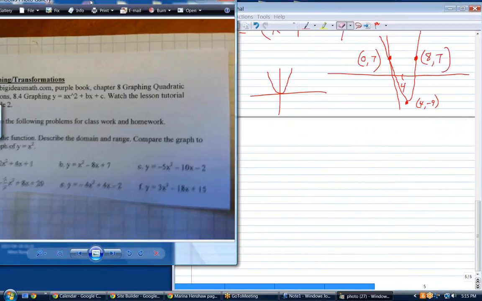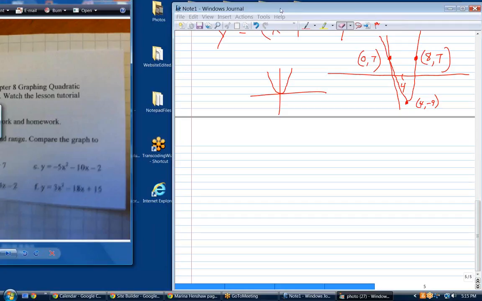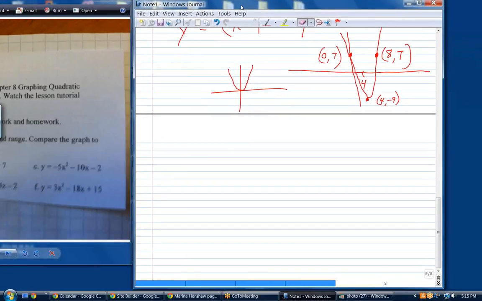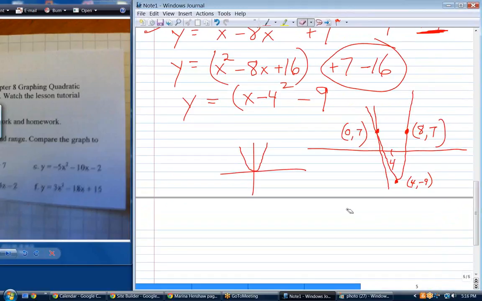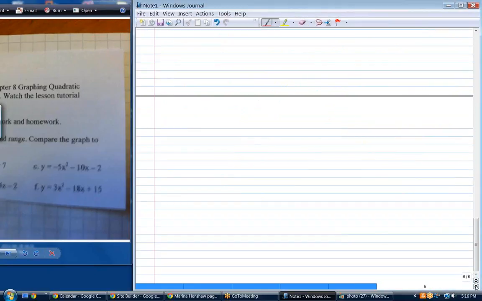Okay, let's do C. What's our standard vertex format? How's that read? Y equals what?